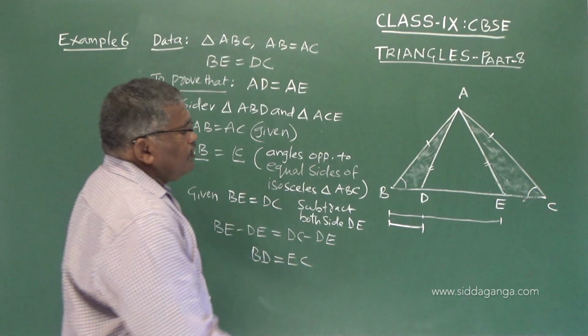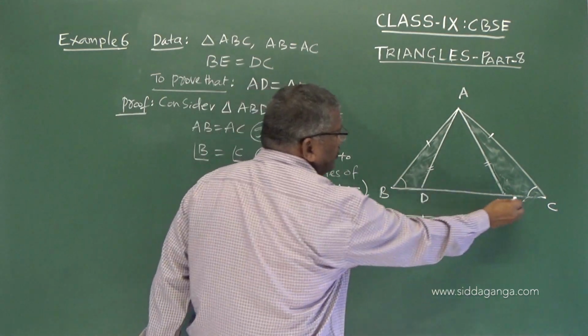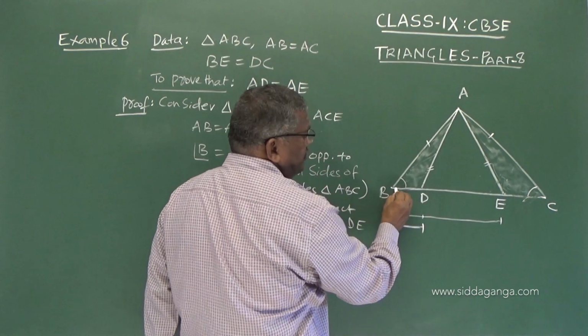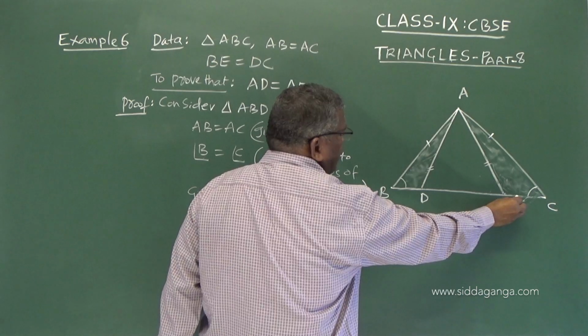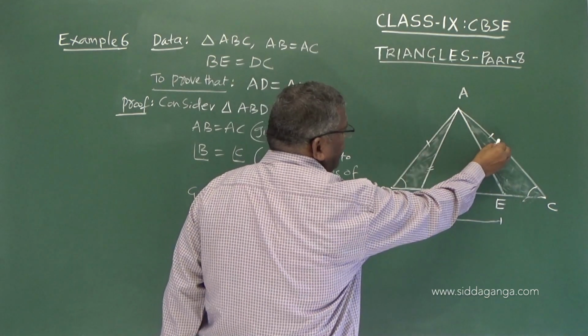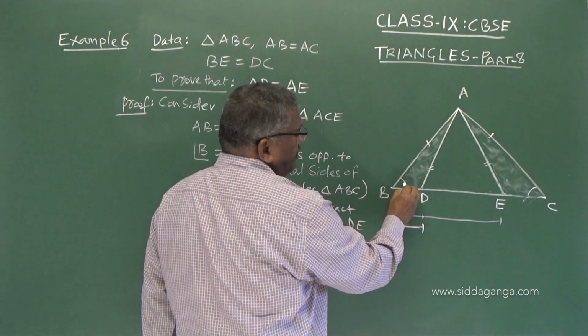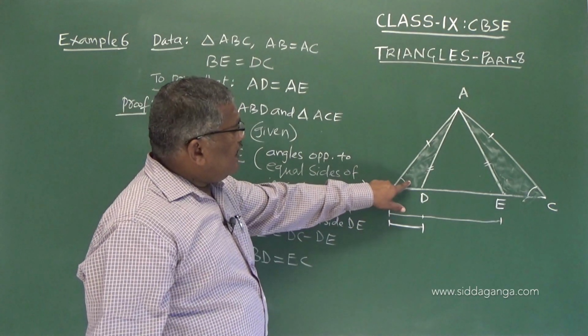So, now we observe here BD is equal to CE, one side of this triangle and the other side here, these two are equal. AB is equal to AC, angle B is equal to angle C. So, side angle side.